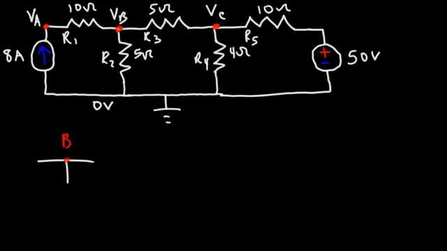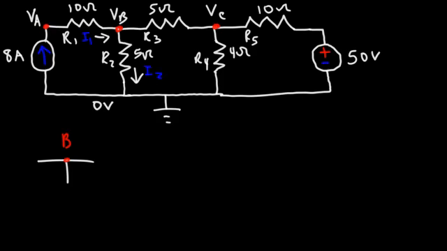So at this point, we have 3 currents. I1 is going into this node. Because of the 8 amp current, it has to flow in this direction. We also know that I2 is going towards the ground.